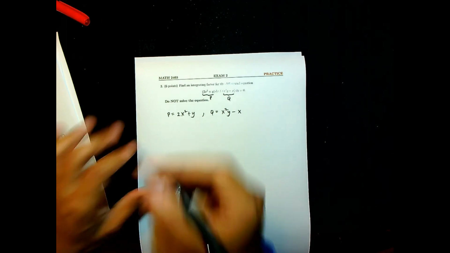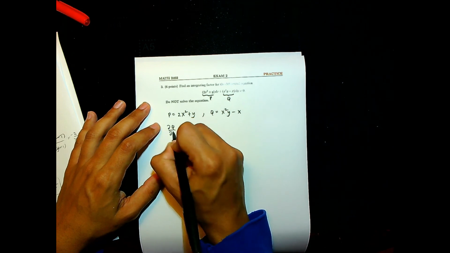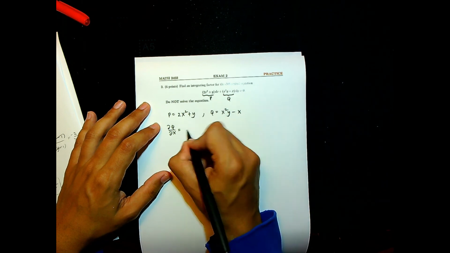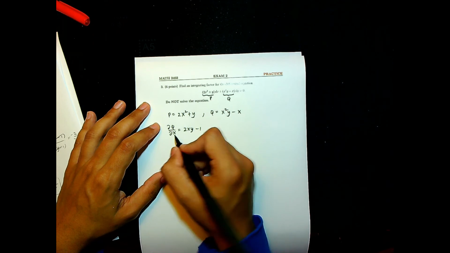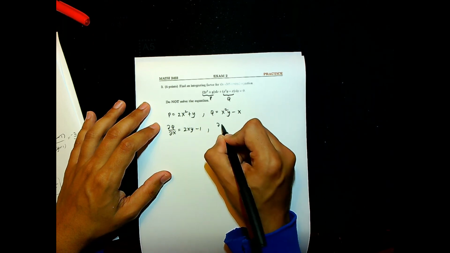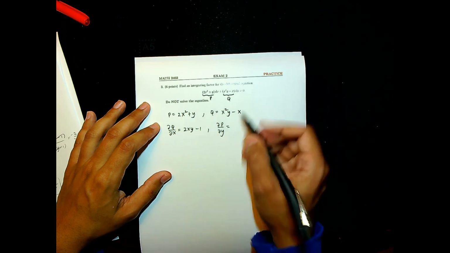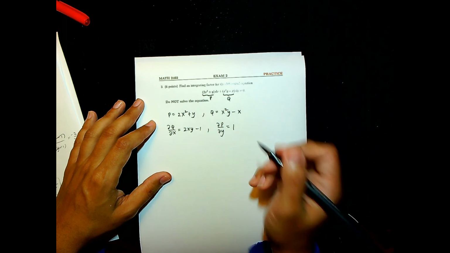Now the partial of Q with respect to x is going to be 2xy minus 1, and the derivative of P with respect to y is just 1. So you see they're not the same, so this is not exact.